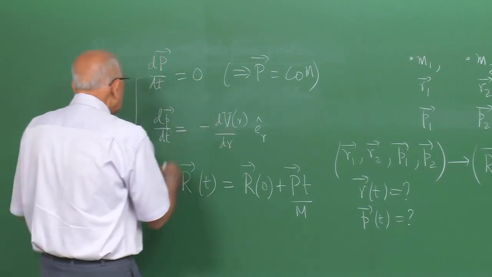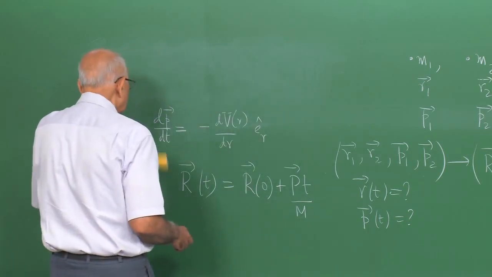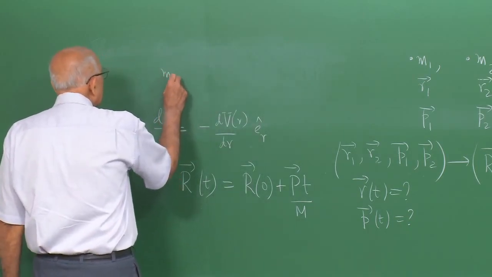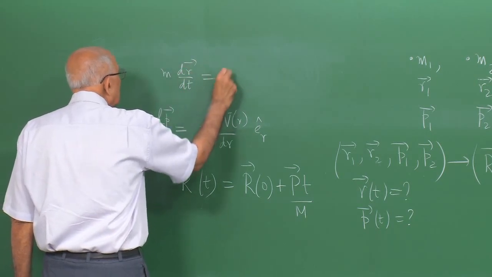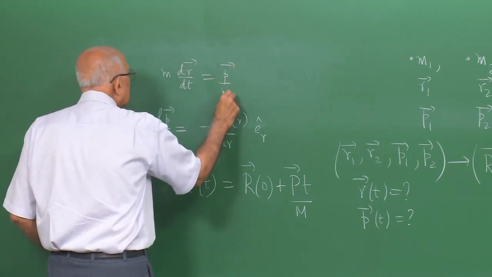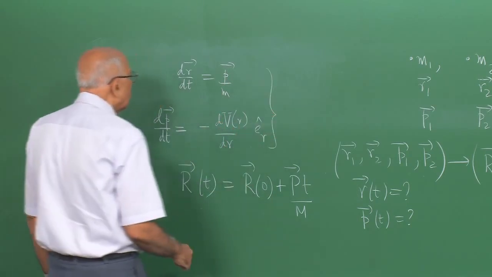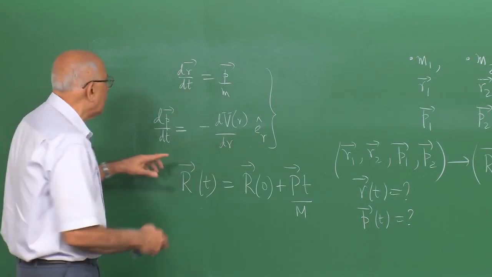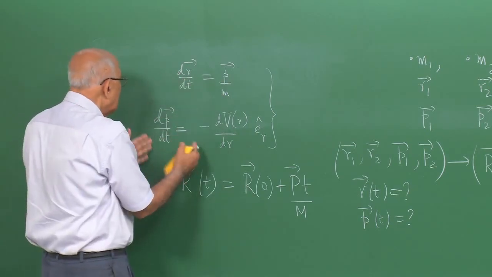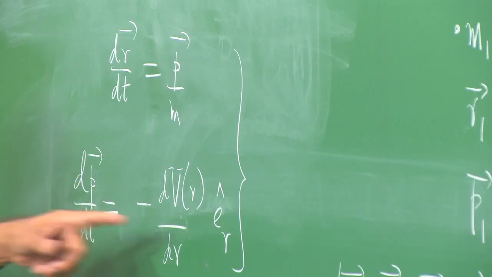By the way, this equation here should be accompanied by another equation which is fairly straightforward, which is m dr over dt equal to p, or rather I should write this as p over m. So you see, you have really a pair of equations for the unknowns r and p, and they are coupled to each other, and when I eliminate p, then I end up with an equation for the second derivative of r, which is the acceleration.